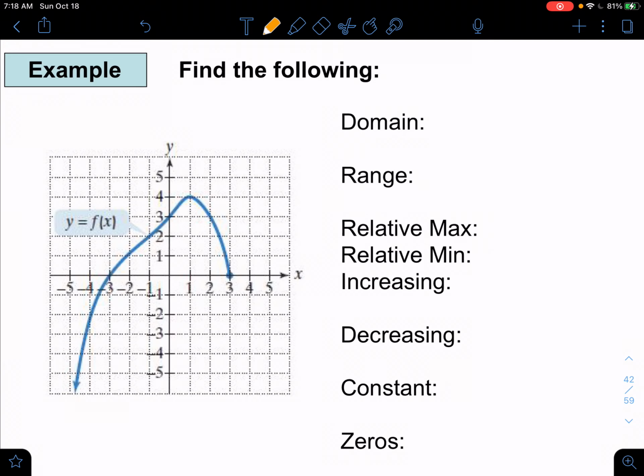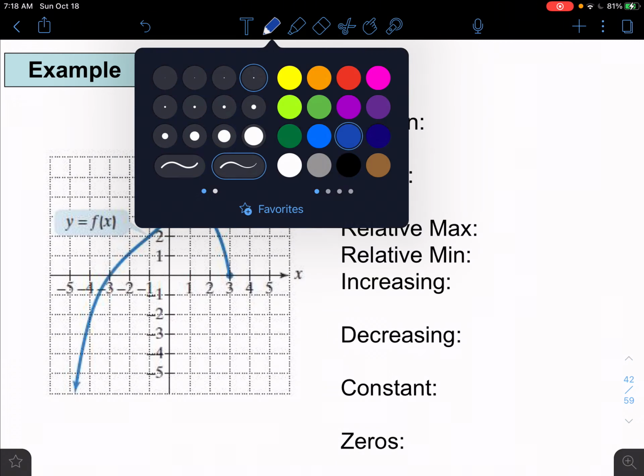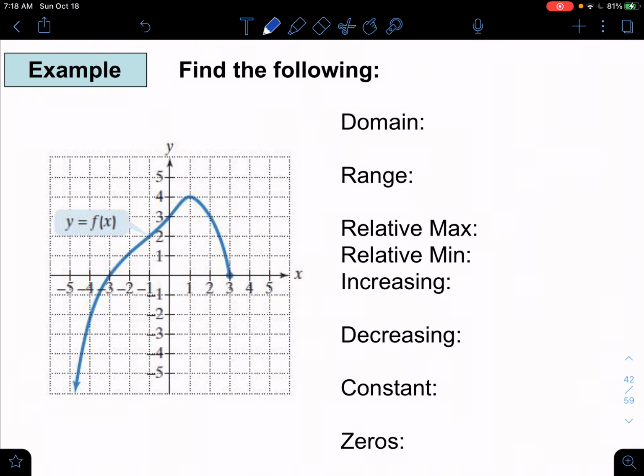Now, the first idea that we are going to try to tie together is domain and range. So remember, with domain and range, it's what x values does your function hit. It looks like our x values are always going to be falling from negative infinity all the way up to a positive 3. Your domain is just your x values.